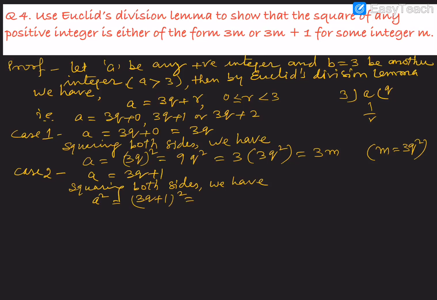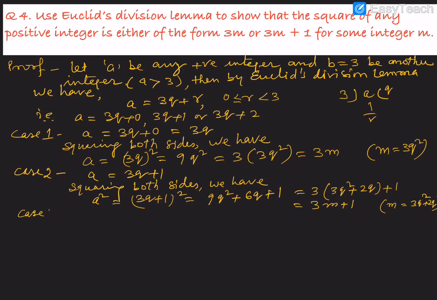Using the identity a plus b whole square, we have 9q square plus 6q plus 1, which can be expressed as, by taking 3 common, 3 times 3q square plus 2q plus 1, which can be written as 3m plus 1, where we have taken 3q square plus 2q as m.